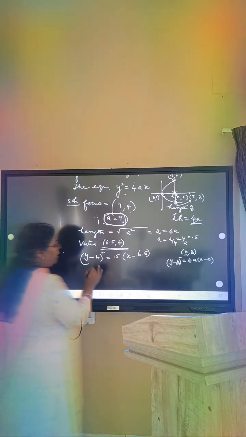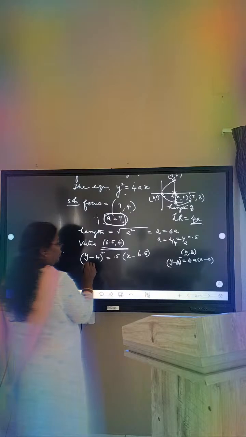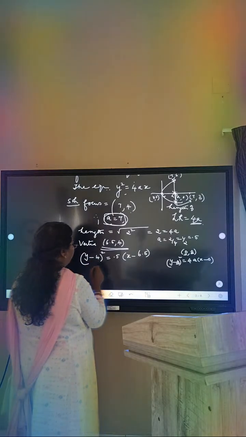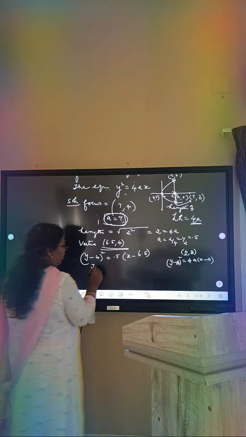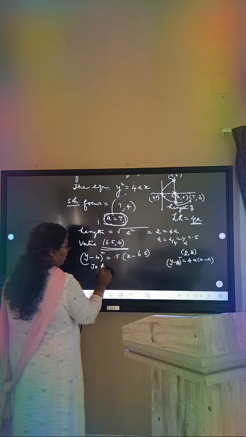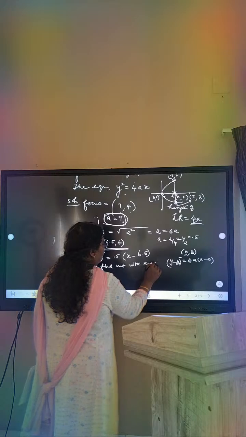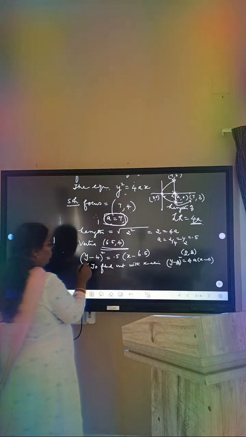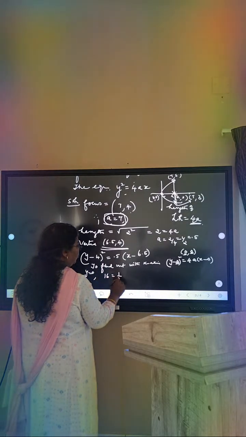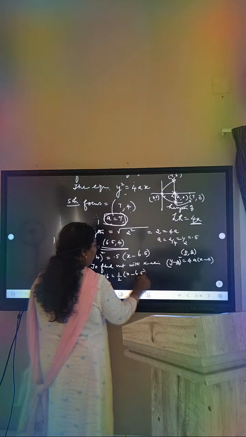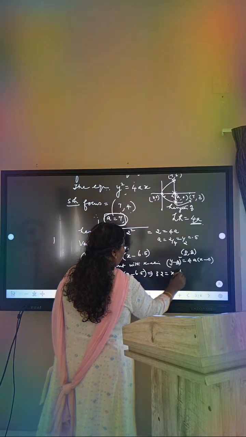This is the equation of the parabola, and this parabola touches the x-axis at what point? If you want to find that, to find the intersection with the x-axis, that is given by substituting y is 0. When you put y is equal to 0, you get 16 is equal to half into x minus 6.5, and this implies 32 is equal to x minus 6.5.